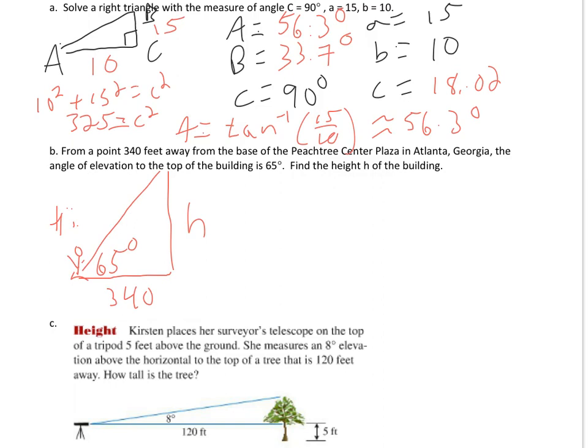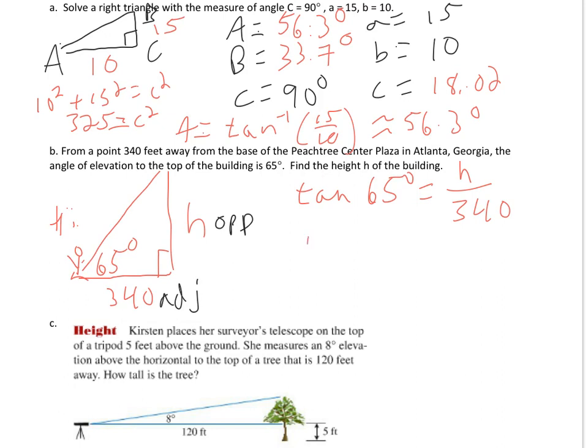Assume that that's a right angle to make your life a little easier, and then you notice that the height of the building is the opposite side, and this is the adjacent side. So if that's the case, then you're looking at a tangent, and the tangent of 65 degrees is equal to h over 340.